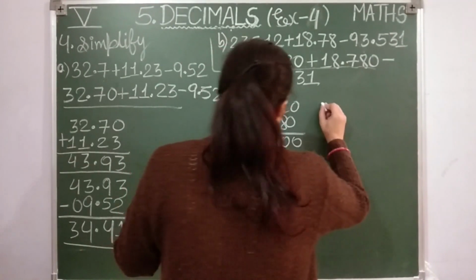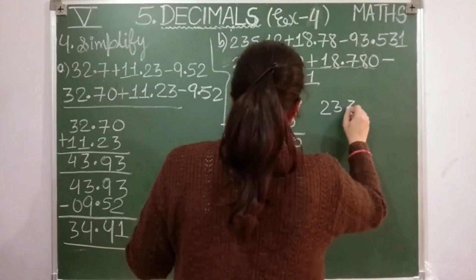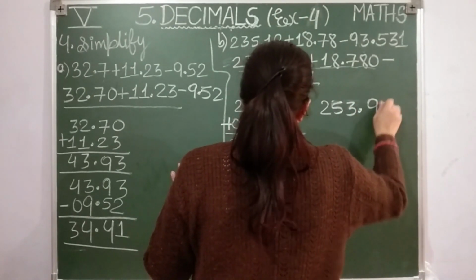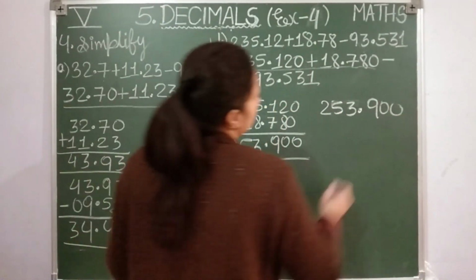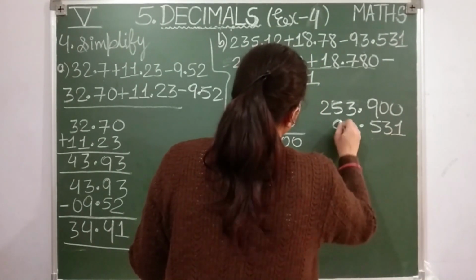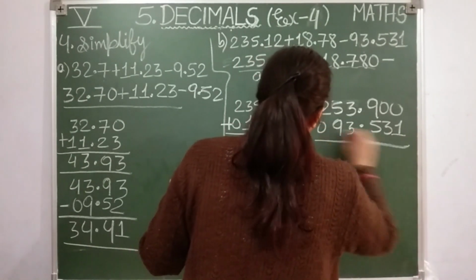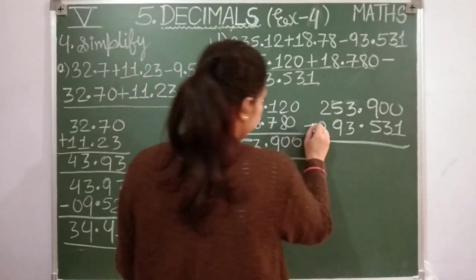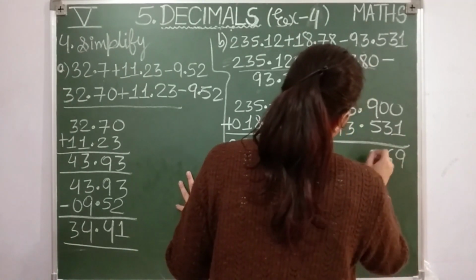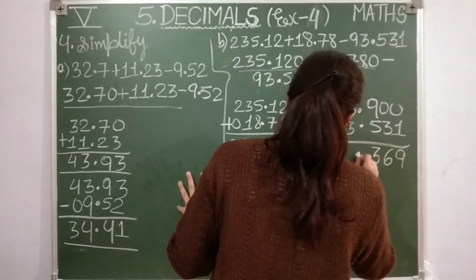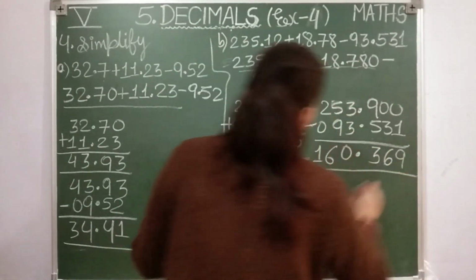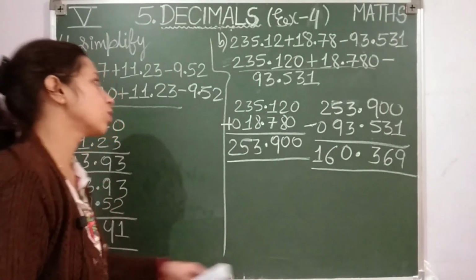Now again take this sum 253.900 and subtract this. So put a point, 5, 3, 1, then 9, 3 and a 0. Let us subtract, students. So 10 minus 1, 9, 9 minus 3, 6, 8 minus 5, 3, then 3 minus 3, 0, 15 minus 9, 6, 1. Okay, 160.369 is your final answer, students.